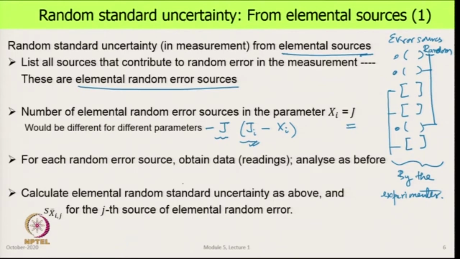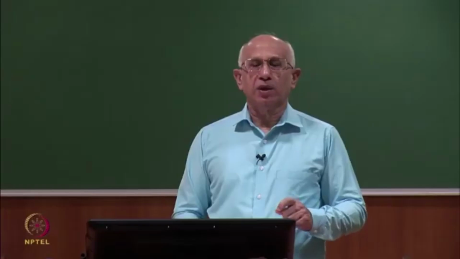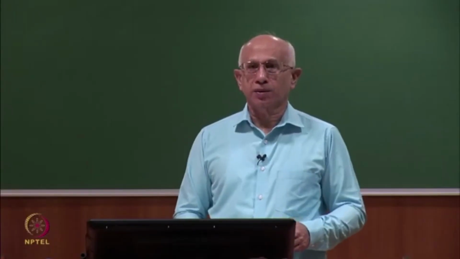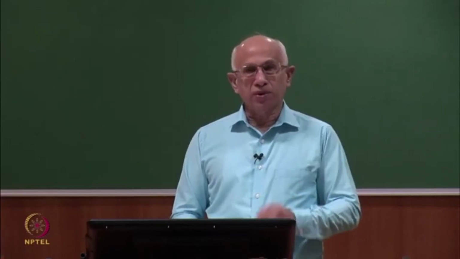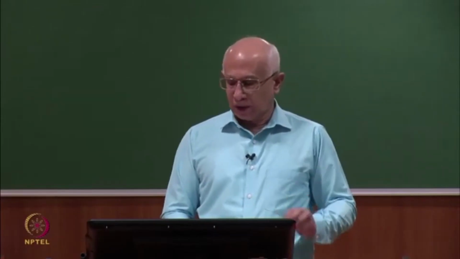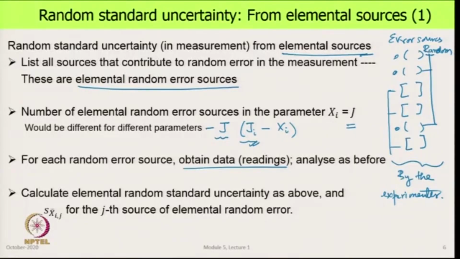For each random error source, we obtain the data, which means that when we take data for that random error source, we are holding everything else constant. So, we can say that this variability that we are seeing, or these errors, are being caused only because of this error source and no other error source. So, we get a bunch of numbers and then we analyze as before and get all the data that we want.